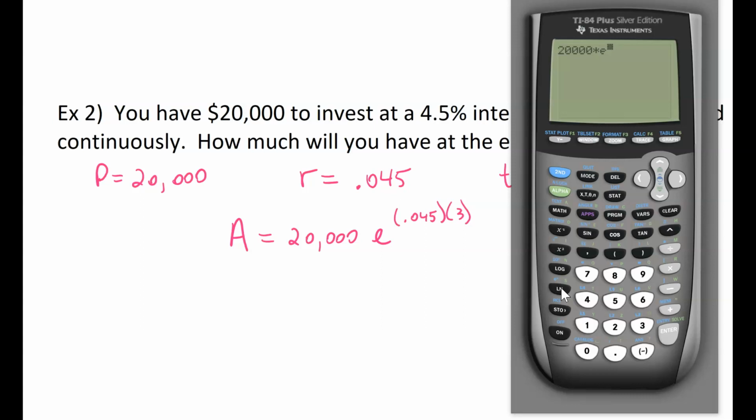Okay, if you're just wanting to do E, what will you plug in? 1. Okay. In this case, though, we want to plug in 0.045 times 3, and then we just hit enter and let our calculator do the work.